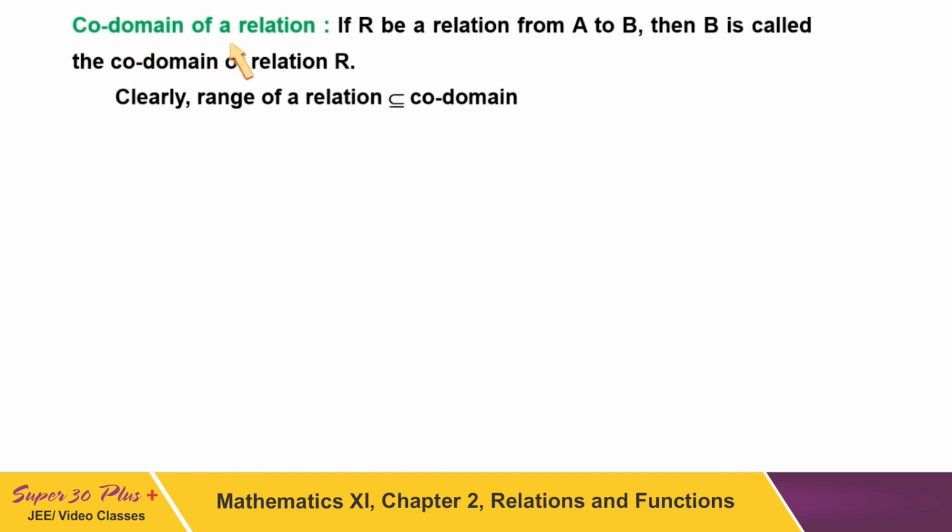What is the codomain of a relation? If a relation is defined from set A to set B, then the whole set B is called the codomain. Range is a subset of the codomain.